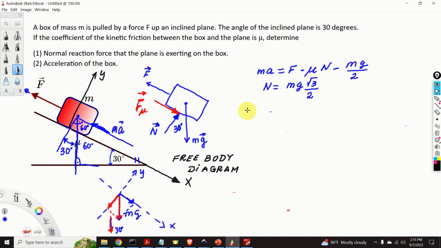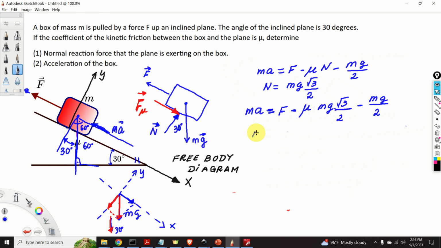We have m times A is equal to F minus, let's see what's happening over here. We have mu and N is given over here, multiplying mg square root of 3 over 2. And we have minus mg over 2.